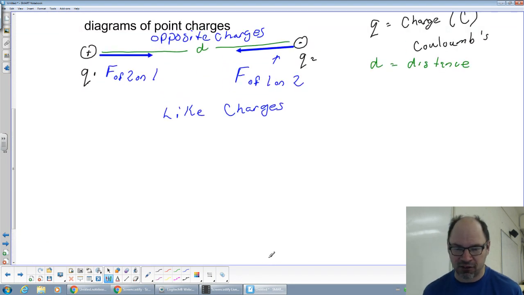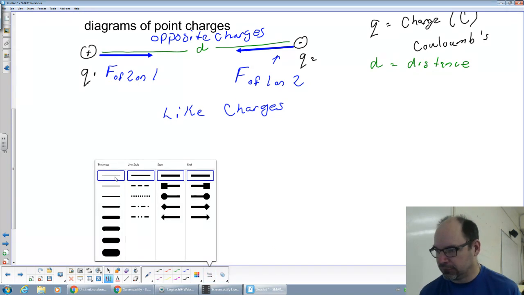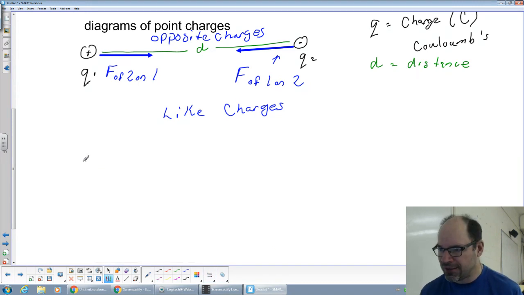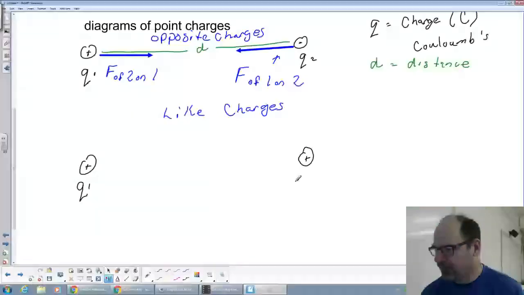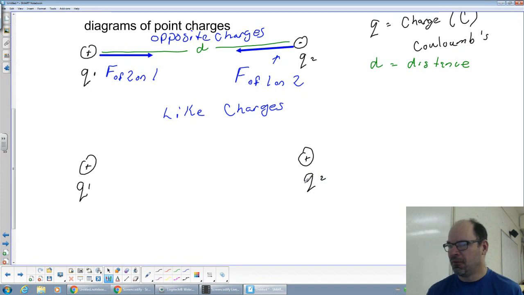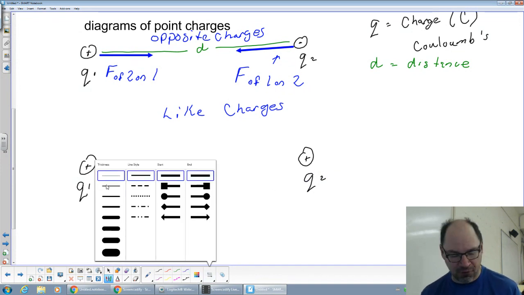If we have like charges, so two positive charges, this time we'll say this is still Q1. Maybe I should have said QA and QB, but Q1 and Q2. We still have that distance in between, whatever it might be.